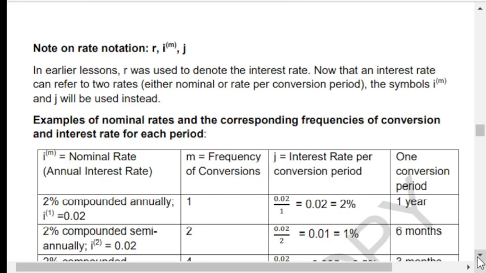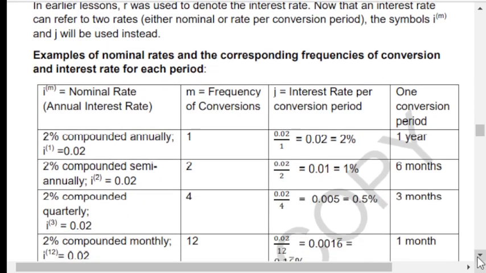So examples of nominal rates, the corresponding frequencies of conversion, and interest rate for each period. So i exponent m is the nominal rate or annual interest rate. So i to the 1, if compounded annually, is 0.02.